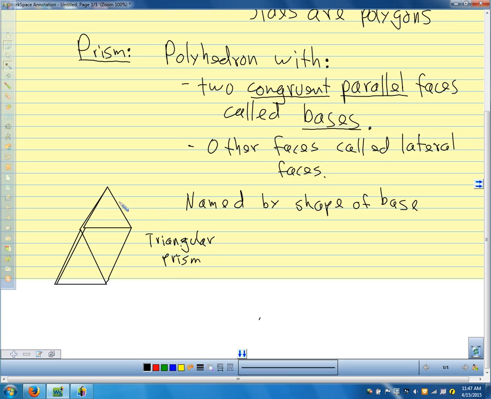The triangles are the bases. So that's a base. This other triangle is a base. So we have two congruent parallel triangles as bases. And that's usually what we think of as a prism. We shine light through a triangular prism and it breaks it up into the spectrum. And these other surfaces, the other faces, are lateral faces.